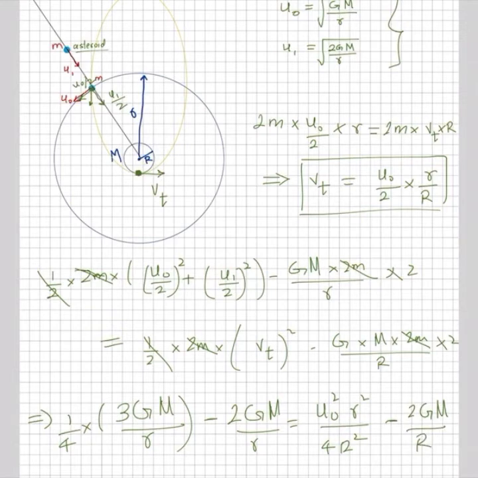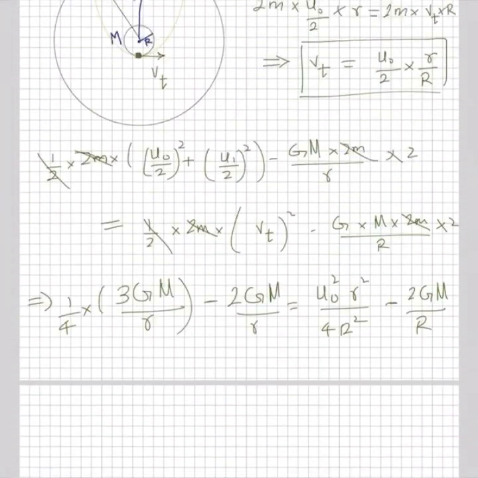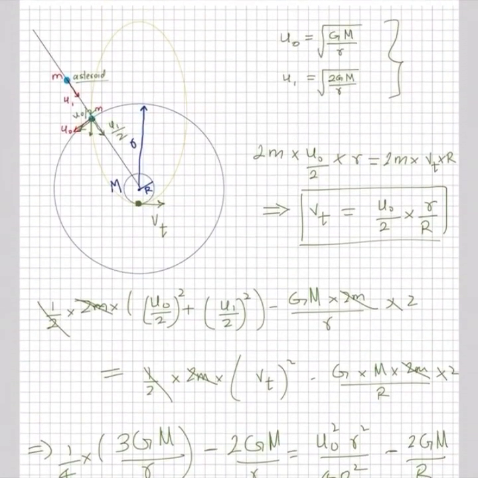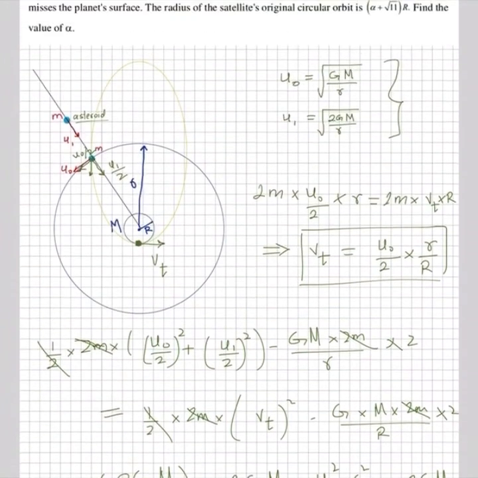And u0 squared can be substituted as GM over r.